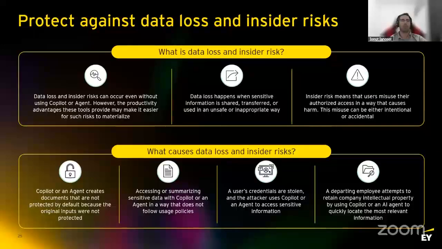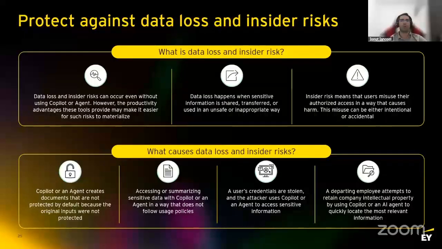So what is data loss and insider risk? Data loss happens when sensitive information like client contracts, financial records, or personal data is shared or used in an unsafe way. And insider risk occurs when someone misuses their authorized access, either intentionally or by accident, because it can happen sometimes.